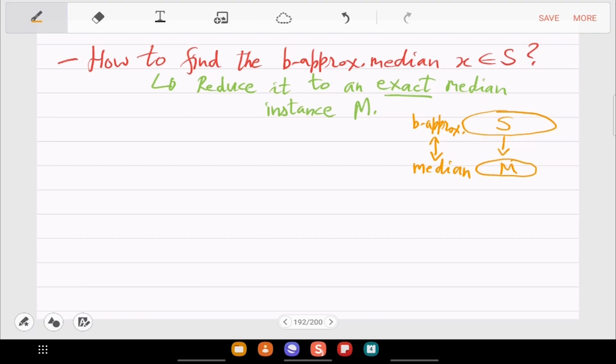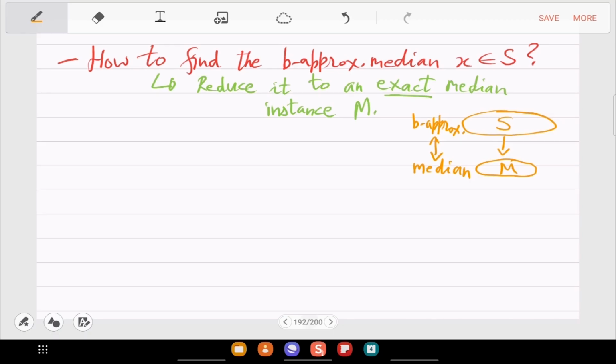So any ideas how you can reduce approximate median to the median of a different set? Then since the question will be on the median of M, we can call select(M, size/2), which will give you the answer in one recursive call. So how do you do this?